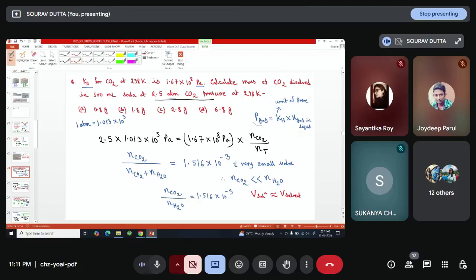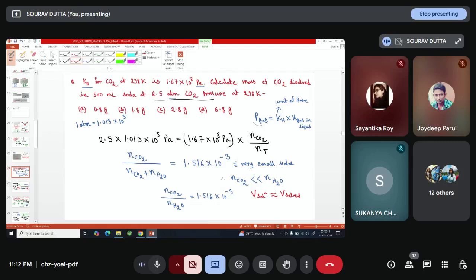So as the amount of carbon dioxide is very small, the volume occupied by carbon dioxide is also very small. So in comparison to solvent volume, the volume of the solute, that is the carbon dioxide, you can ignore because it is very small.